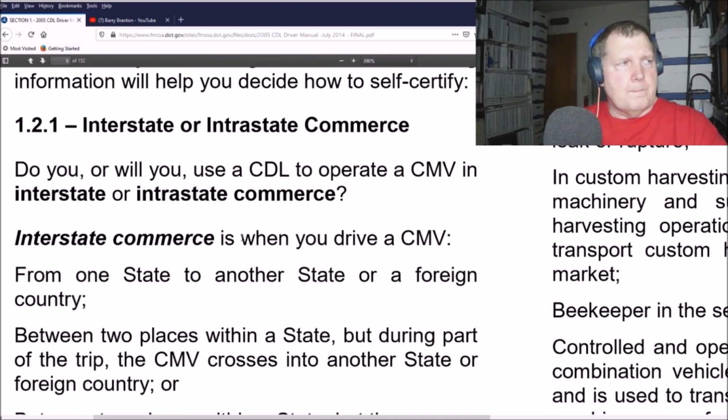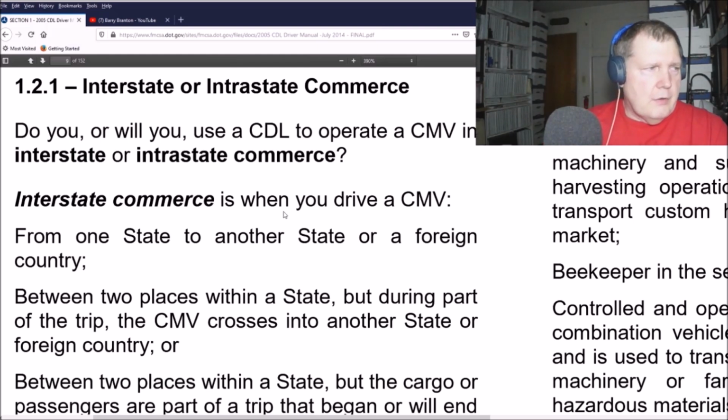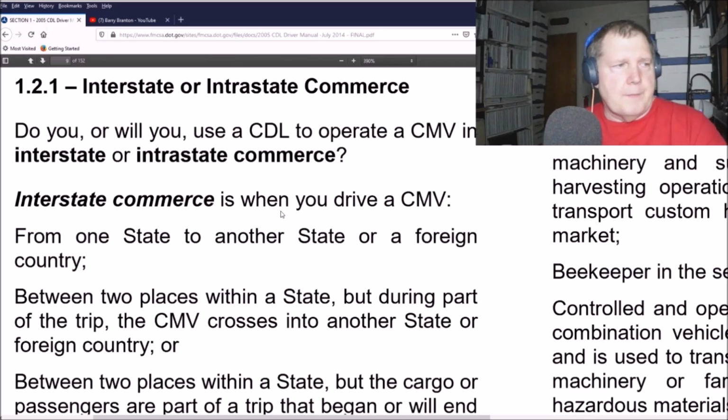1.2.1 Interstate or Intrastate Commerce. Do you or will you use a CDL to operate a CMV in interstate or intrastate commerce? Interstate commerce is when you drive a CMV from one state to another state or a foreign country.